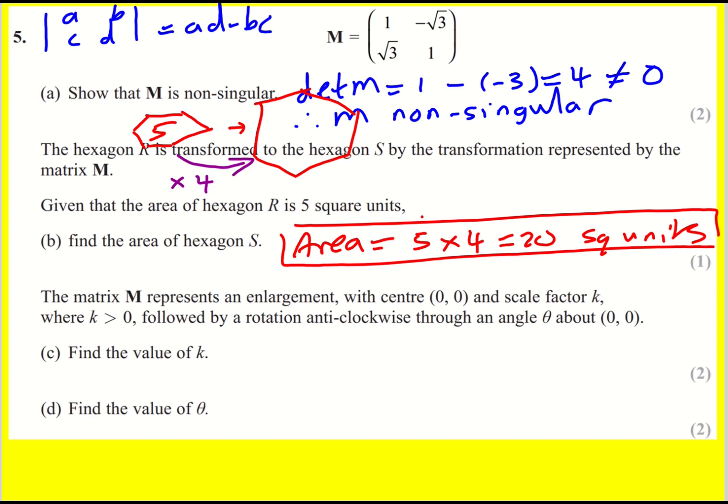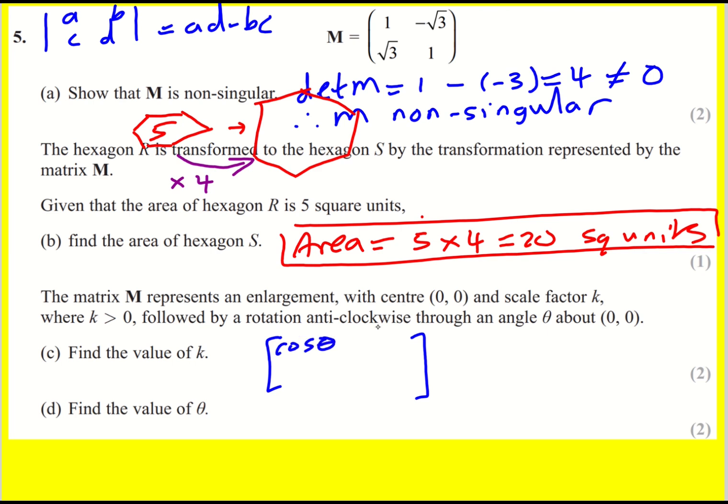M represents an enlargement with center 0, 0 and scale factor k, followed by a rotation anti-clockwise through an angle theta about 0, 0. Find the value of k. I'm just going to write down my system of equations first, and then we'll talk about how we can do this really quickly. So remember, it says an enlargement followed by, so the rotation is actually going to be on the left. And this is given in the formula book.